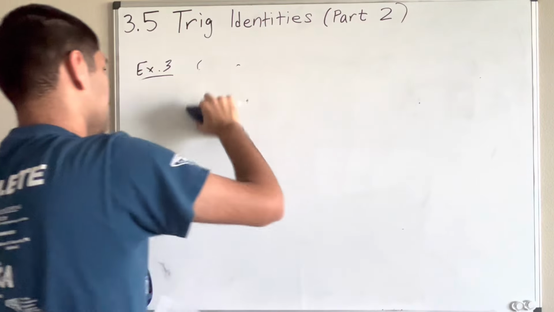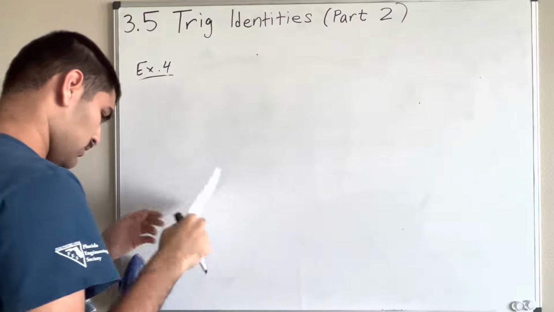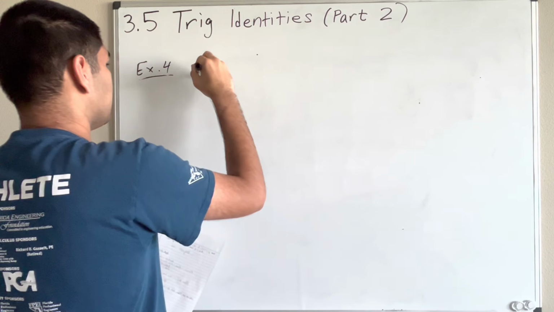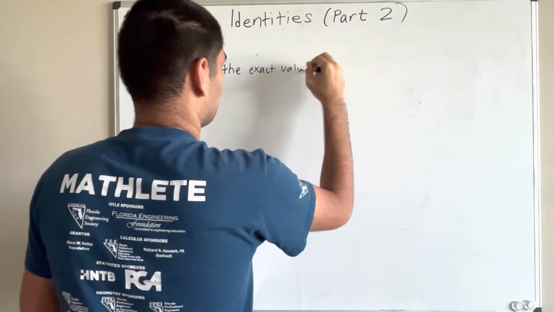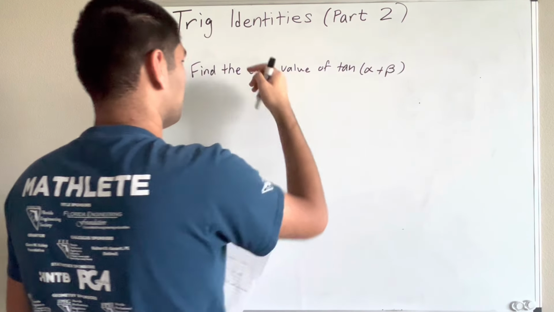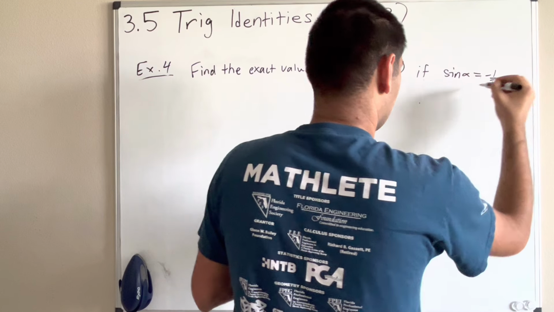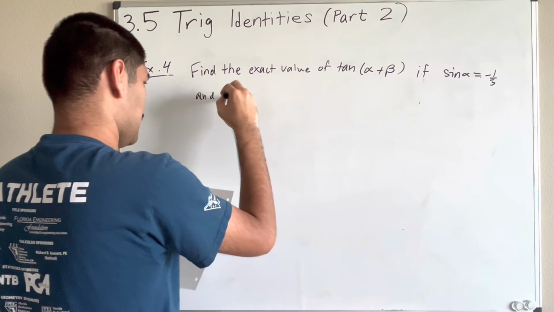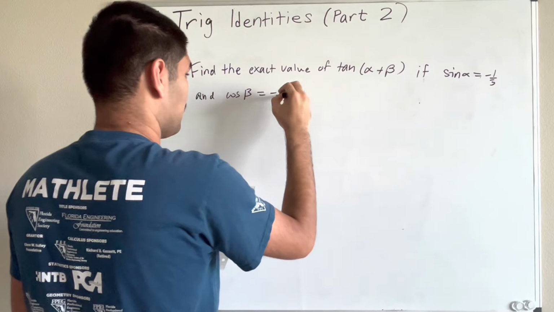So, example 4. Now let's suppose you want to find the exact value of tangent alpha plus beta, if sine of alpha equals negative 1/3 and cosine beta equals negative 1/4.